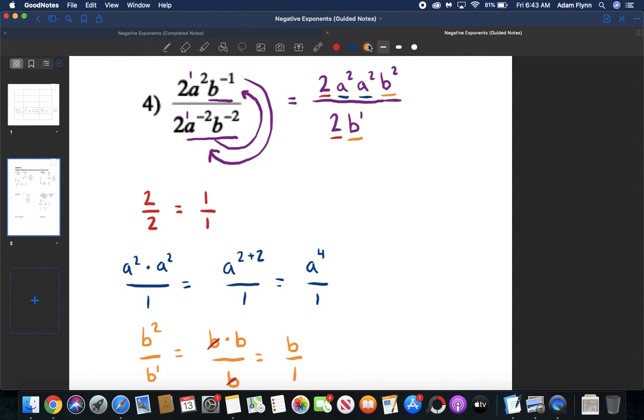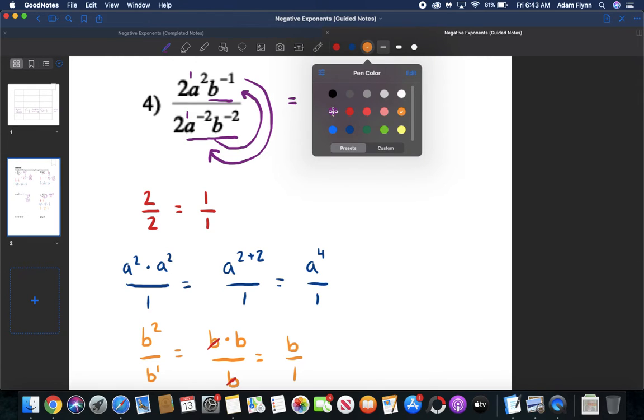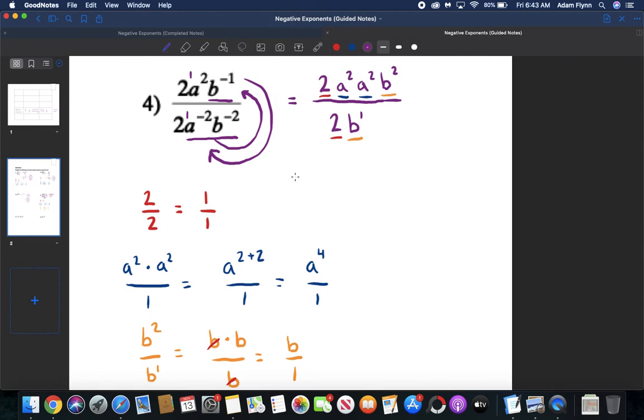So now I can go ahead and set up my final answer, because I've underlined everything in my modified fraction here. So I'll draw a fraction bar. For my red fraction, I had 1 over 1. For my blue fraction, I had a to the fourth over 1.